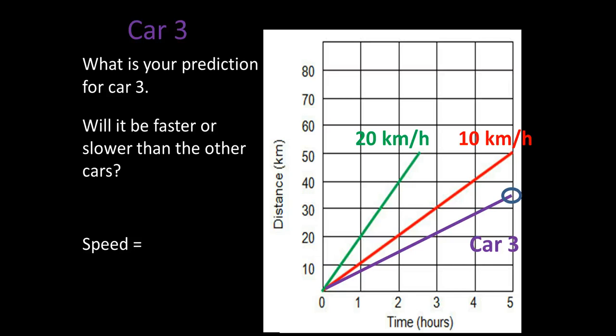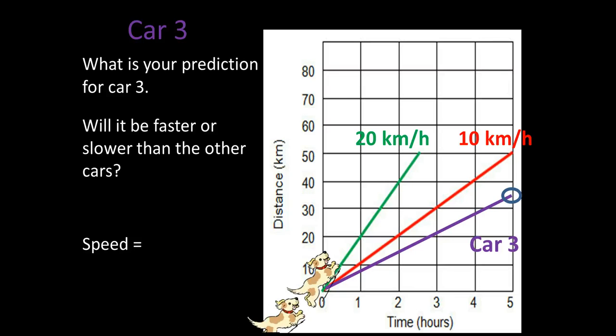So taking a look at the green line, you can see that it is a much steeper slope. And when you're looking at graphs like this, the steeper the slope, the faster the object has been moving. Think of it as a side of a hill. And so the hill that has the green slope will reach 50 kilometers much faster than the hill with the red slope.